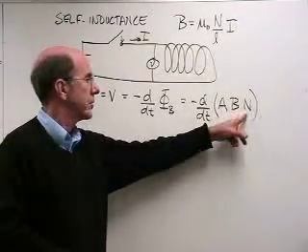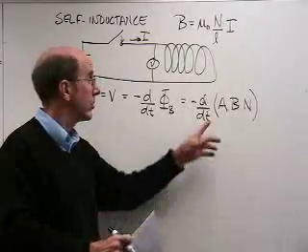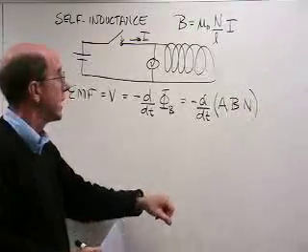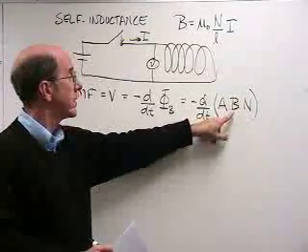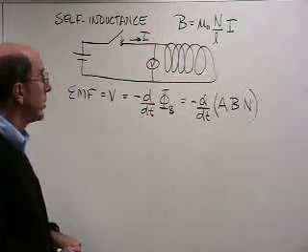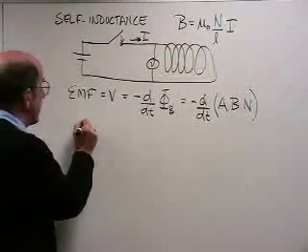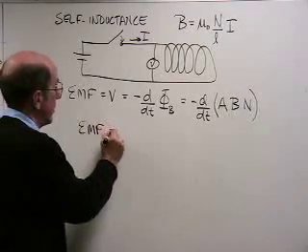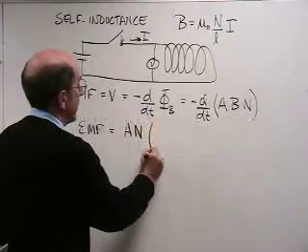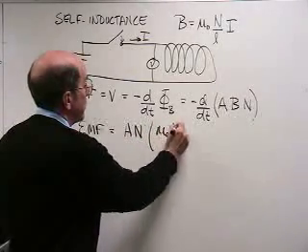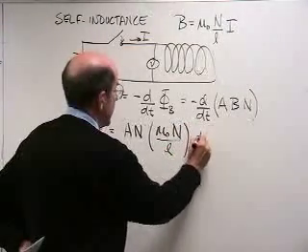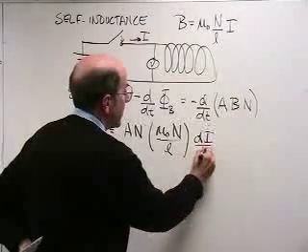N is just the number of turns and A is the cross-sectional area of the coil. Those are geometry factors. The only thing that's going to change with time is B, and B is the field that the coil produces itself, mu 0 N over L times i. So we can rewrite this as the EMF is equal to A times N times mu 0 times N over L times di/dt.